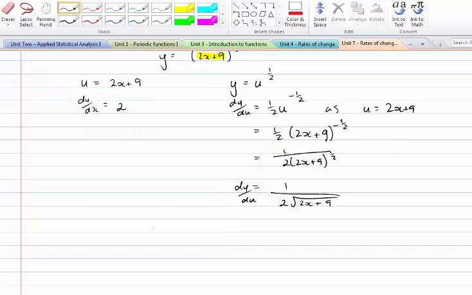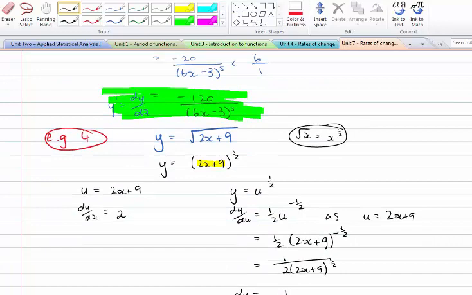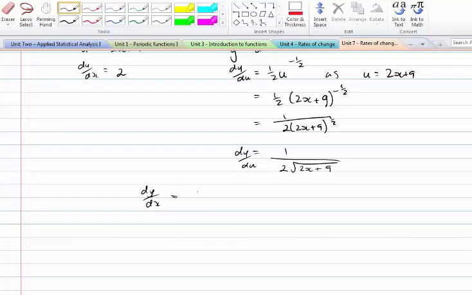So now, again, dy dx is what we're looking at from our original y with respect to x. Break that up so we get dy and dx, and we fill in the remaining spots with du. So it will be dy du, which is 1 on 2 square root of 2x plus 9 multiplied by 2, and we can treat that as 2 on 1.